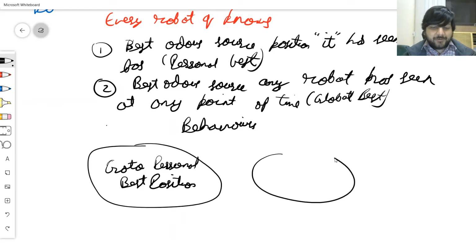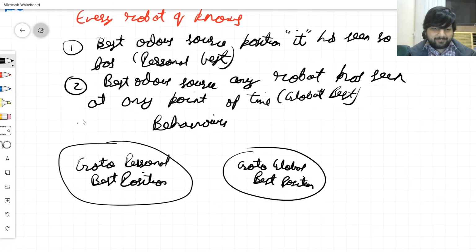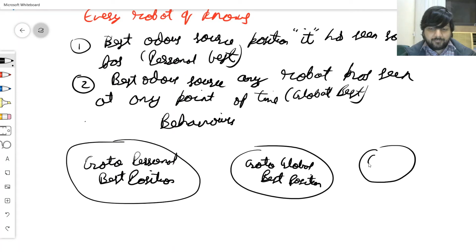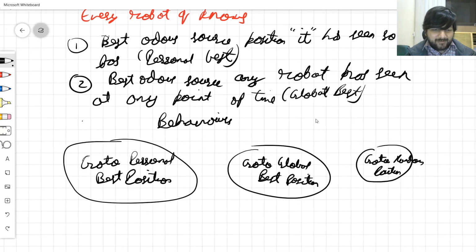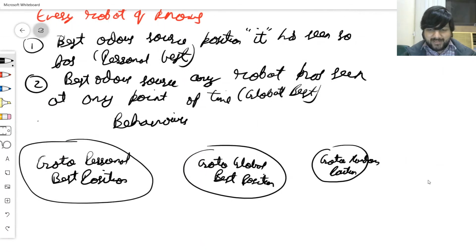The second behavior could be go to global best position. The third behavior could be go to random position, which is what I always add. In particle swarm optimization, randomness is added by a different means. And the last one is keep going in the same direction.